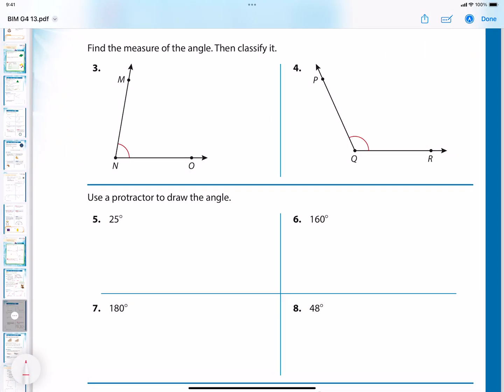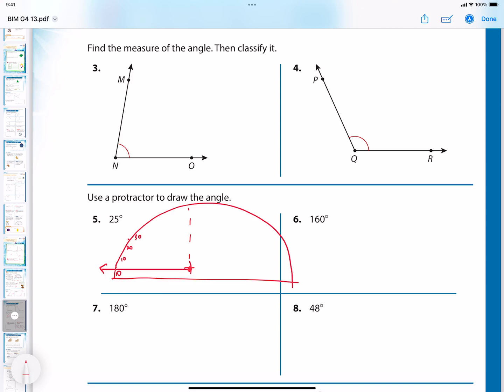So now I'm going to just show you. Imagine I'm going to pick this as the vertex. Then I'm going to place my protractor here. Just imagine that my protractor is like this. Sorry, it can't be like this because I have to place my vertex at the center. So let's say this is the vertex and 90 degrees. It doesn't look like it, but here I'm going to say this is 0 degrees, and 10, 20, 30.